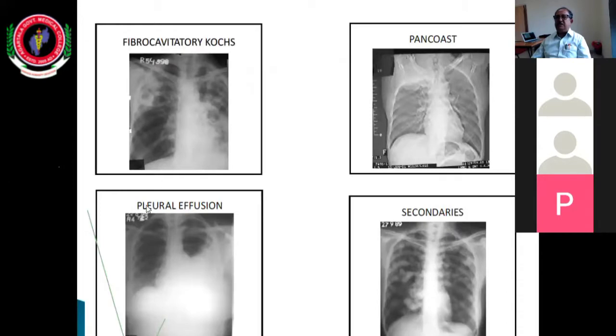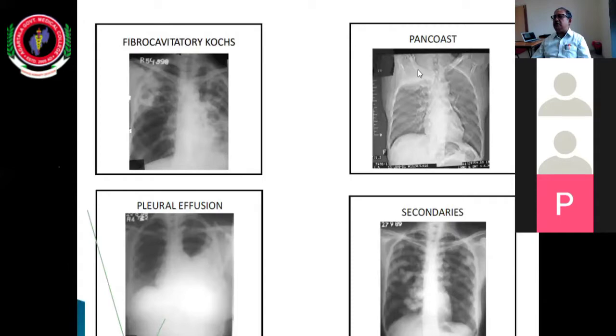Now this is the chest X-ray showing a cavitary lesion in the right upper lobe and some patchy opacities in the left lower lobe. So it is a fibrocavitary lesion suggestive of TB. And this is also a chest X-ray where you can see there is an opacity at the apex of the right upper lobe. In the left side, there is normal lung parenchyma.